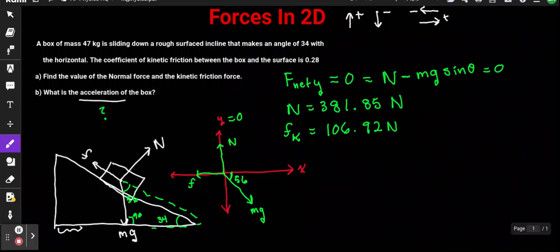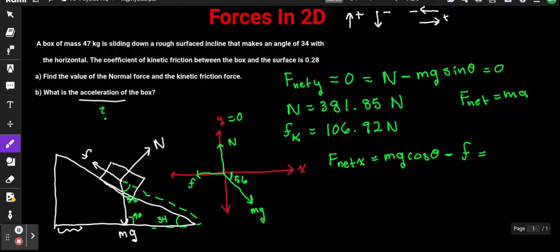So, we know that F net is equal to ma. So let's take a look at our F net in the x direction. If we take right to be positive, mg cosine theta is going to be the force acting to the right in the x direction, and our friction force is going to be what's acting left.